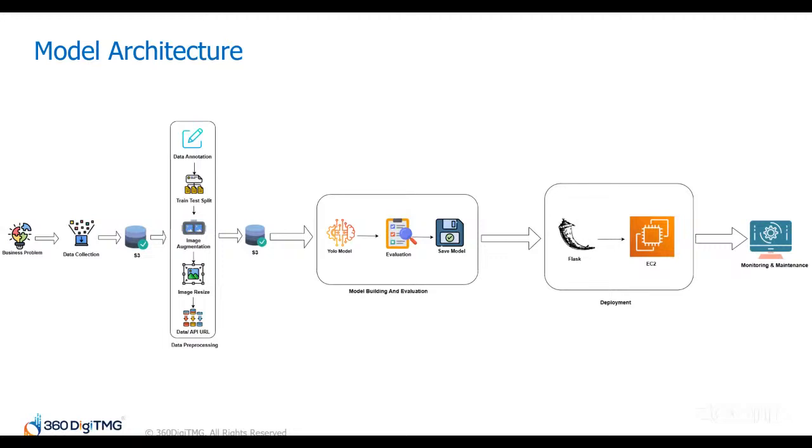Once you resize the images, you can either download the annotated data into your system, or else you can use the API URL if you're going for RoboFlow or any other annotation tools. Once you have downloaded, you can save that downloaded data set into the S3 bucket itself. So this is a brief overview of the data pre-processing.